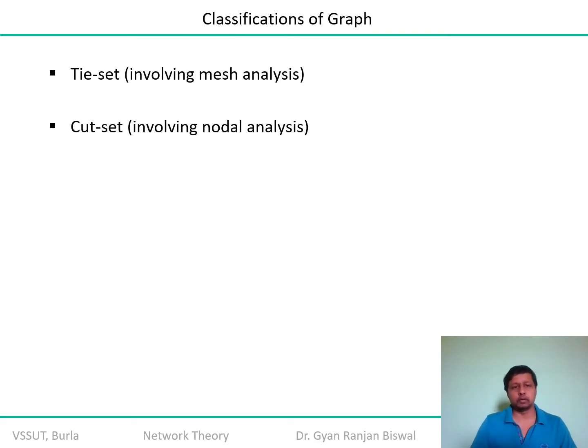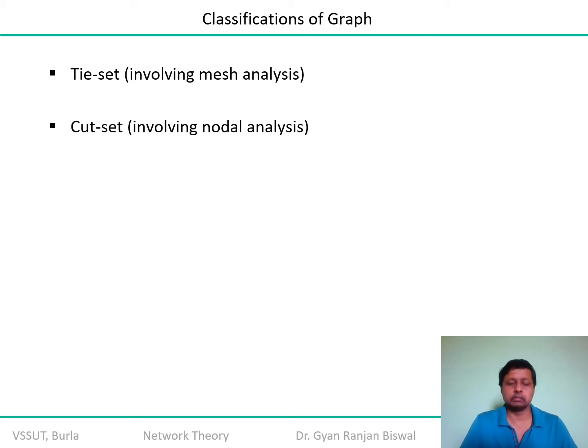Classification of tree. The fundamental aspects still remain the same. We are still going to consider mesh analysis, that is Kirchhoff's voltage law, and nodal analysis, that is Kirchhoff's current law, to simplify or construct any equivalent tree for the given graph, in other words for the given electrical or electronic network.